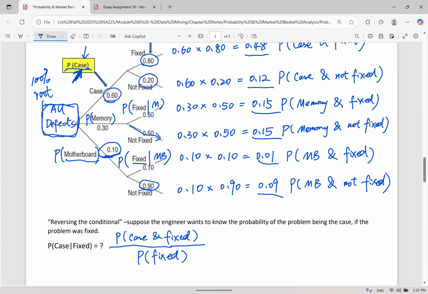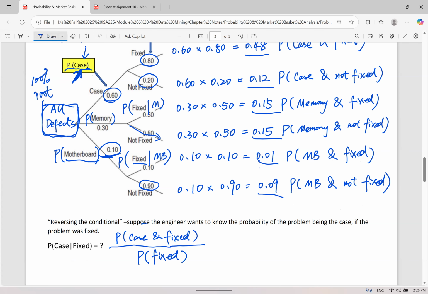So let's consider this as A given B, which will be the probability of A and B divided by the probability of B, right? Okay, so now let's try to figure out the top and the bottom by ourselves.